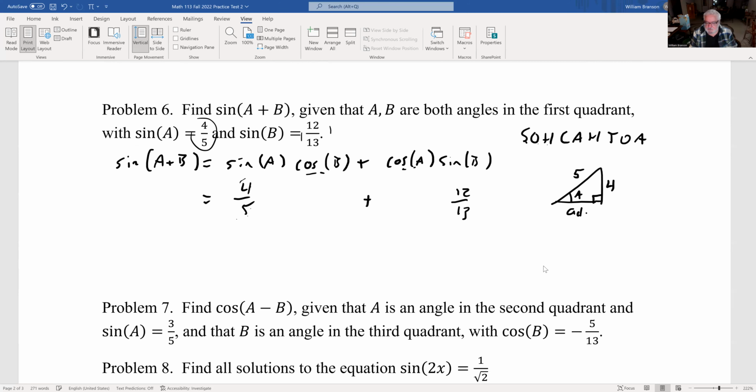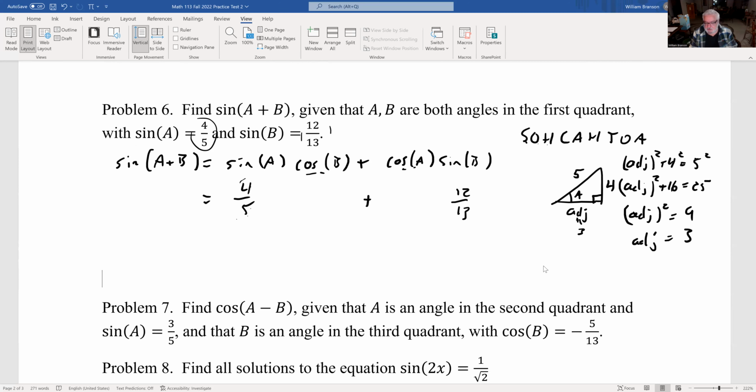This is adjacent, because I know adjacent squared plus 4 squared must be equal to 5 squared. Adjacent squared plus 16 equals 25. So adjacent squared equals 9, or adjacent equals 3.